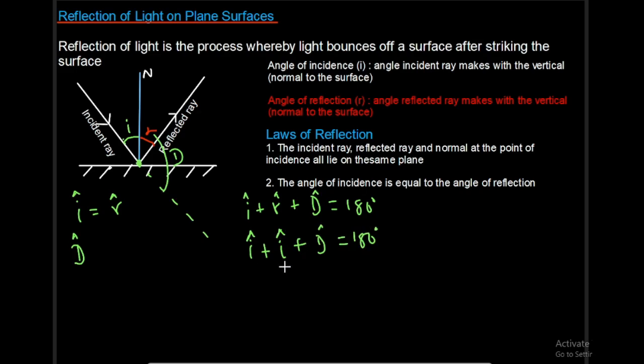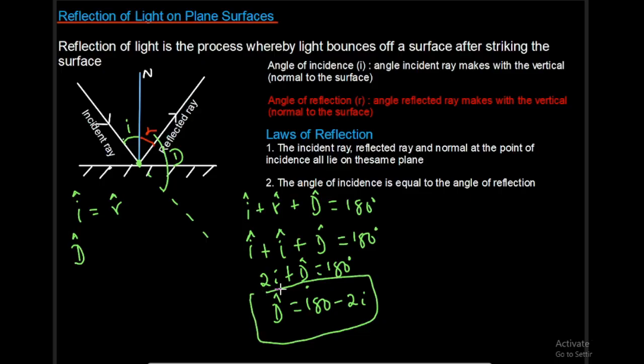That gives us 2i plus angle of deviation equals 180 degrees. If we make angle of deviation the subject of the formula, we move 2i to the right side of the equation. It becomes angle of deviation equals 180 minus 2i. So this is one equation for calculating angle of deviation.